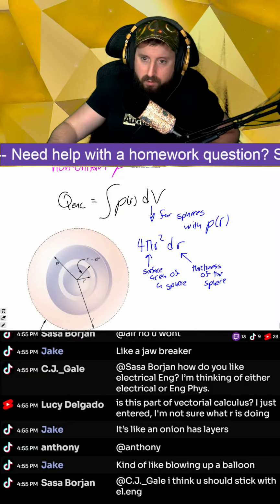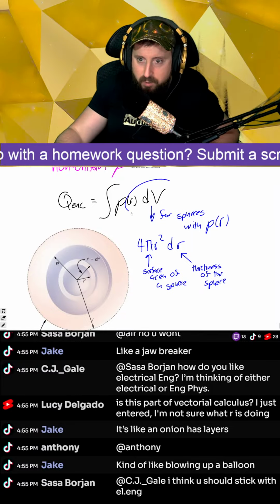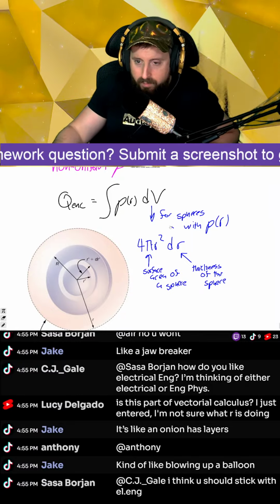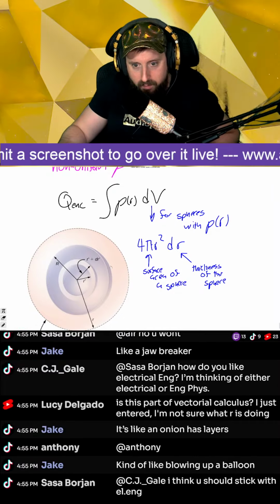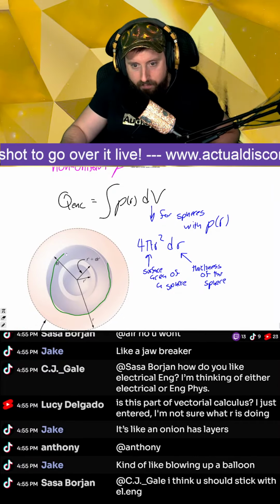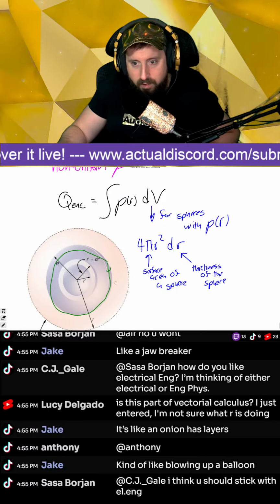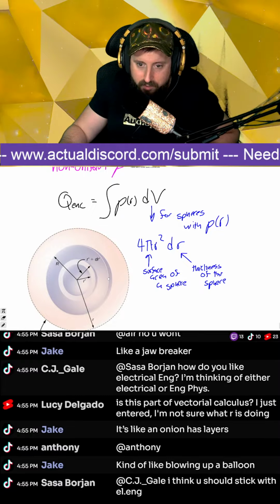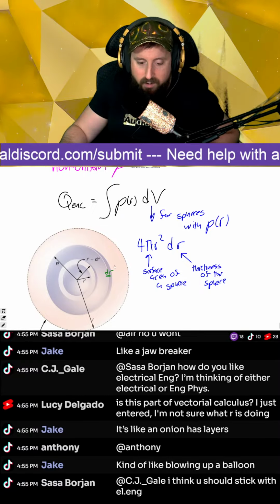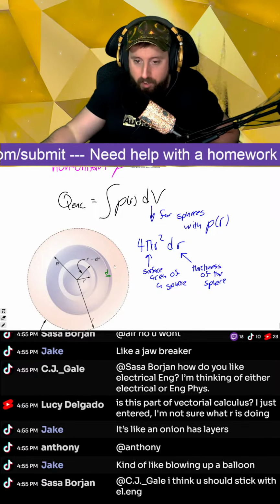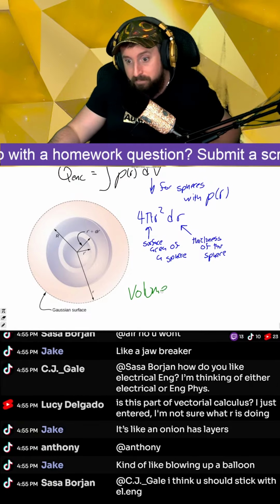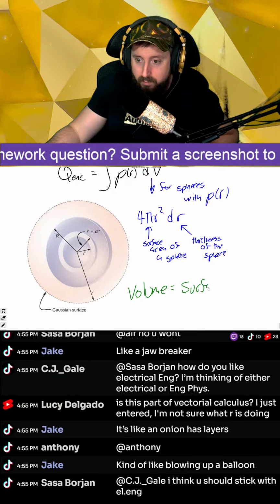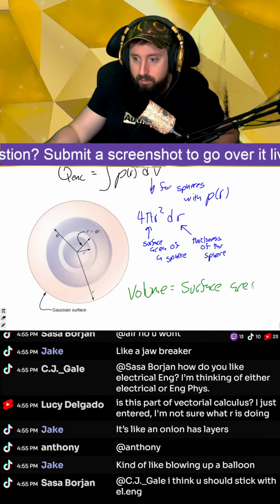When we're doing this integral of the density with the volume, this volume is 4 pi r squared, the surface area of this sphere. Then we multiply that surface area by some thickness dr, and that gets us a volume. Remember that volumes are usually equal to the surface area times the height.